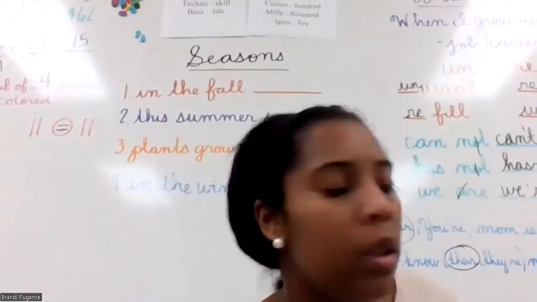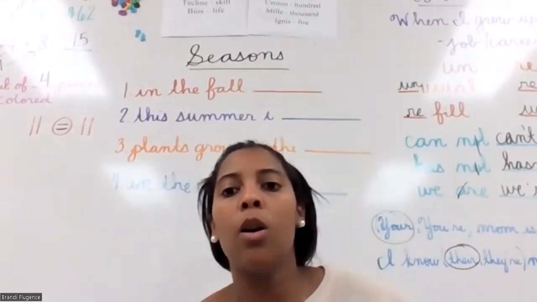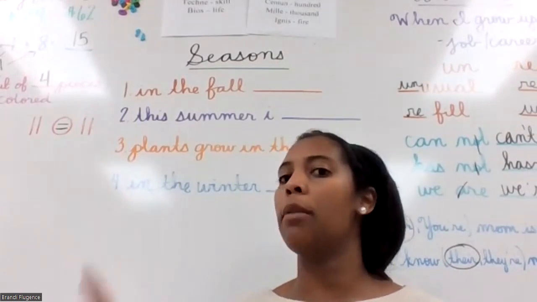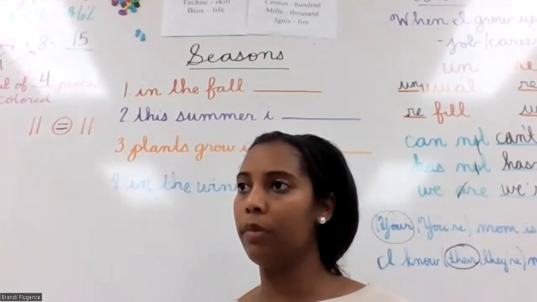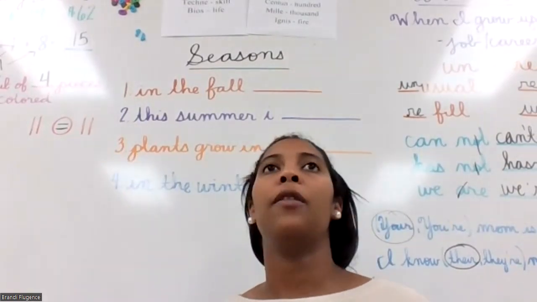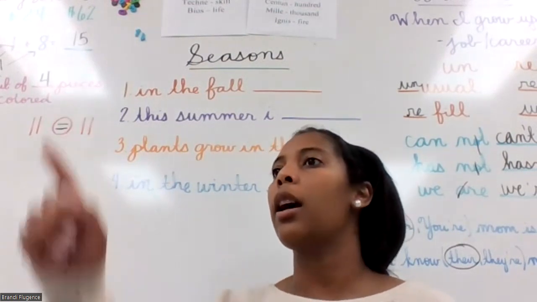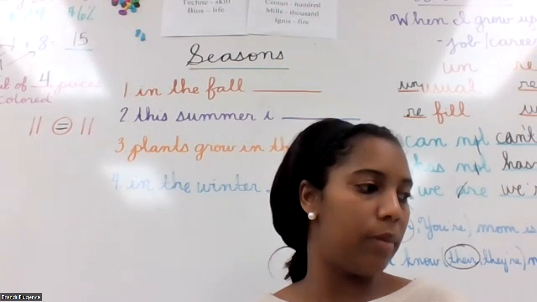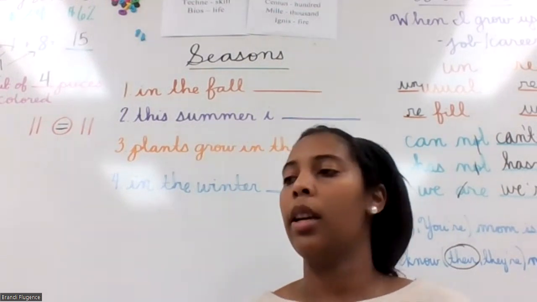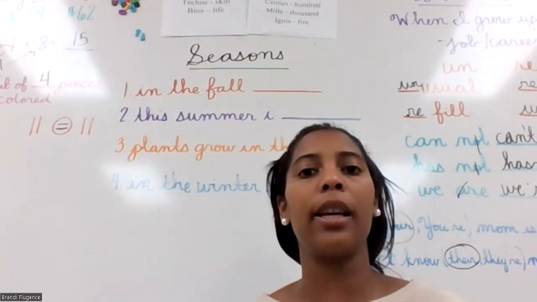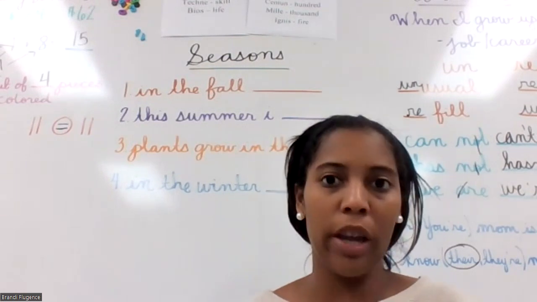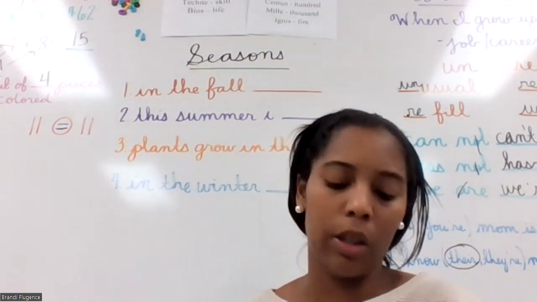All right, let's go ahead and share some of the sentences. So, number 1, in the fall, what you got, Braylee? In the fall, leaves change colors. If you got the same thing, now raise your hand and share the same thing. Cairo? In the fall, leaves fall off the trees. Asa?